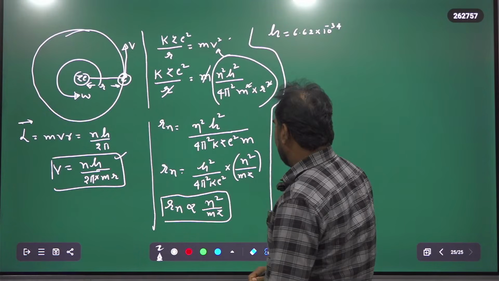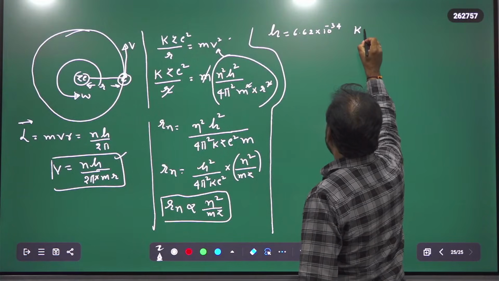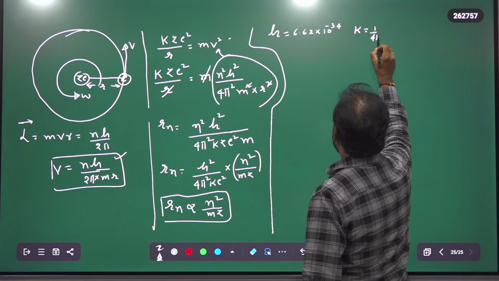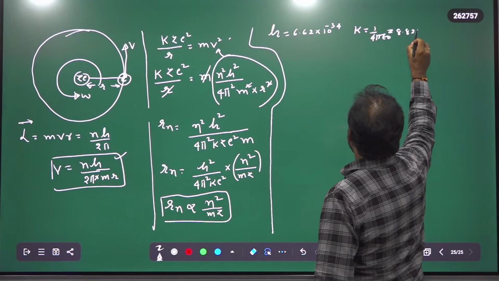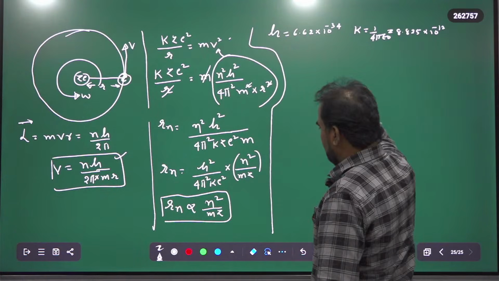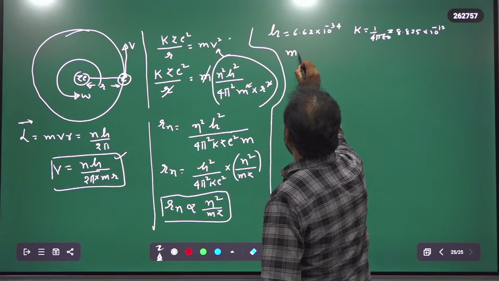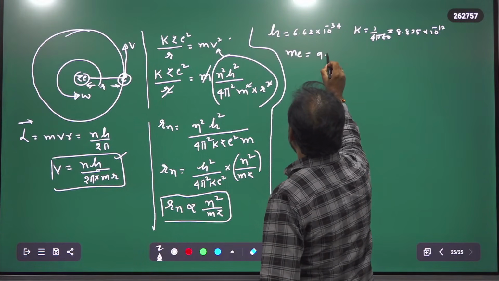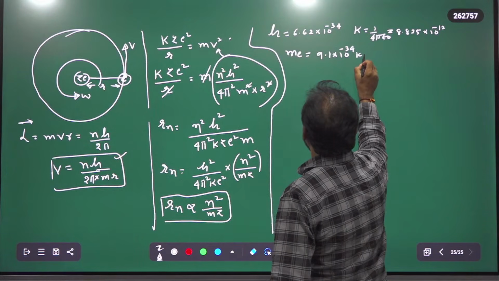And k is equal to, what is the k value? k is equal to 1 by 4 pi epsilon naught, this value 8.825 into 10 to the power of minus 12. And the mass of an electron, what is it? me is equal to 9.1 into 10 to the power of minus 34 kilograms.